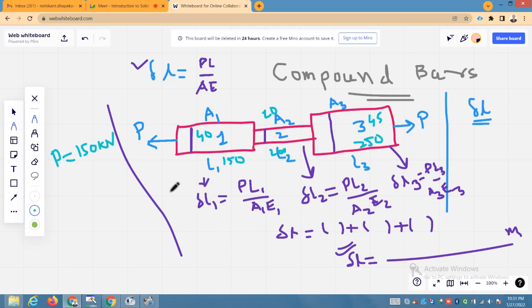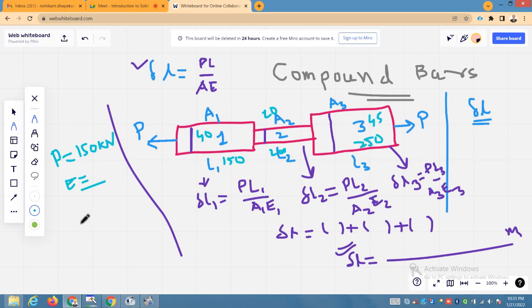Now while practicing this numerical, you assume that this compound bar is made up of one single metal, say iron. So E will be the same for all the sections.